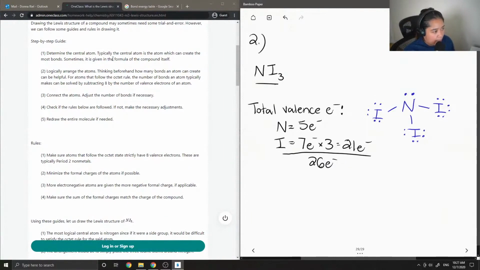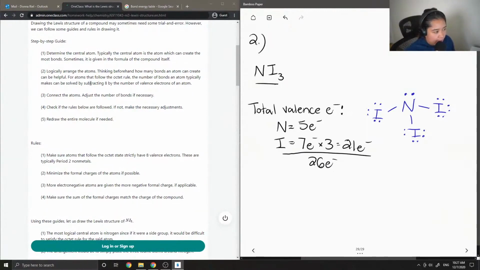1, determine the central atom, so in our case it was the nitrogen. 2, logically arrange the atoms. So this is when I placed all the 3 iodines. Thinking beforehand how many bonds an atom can create can be helpful.